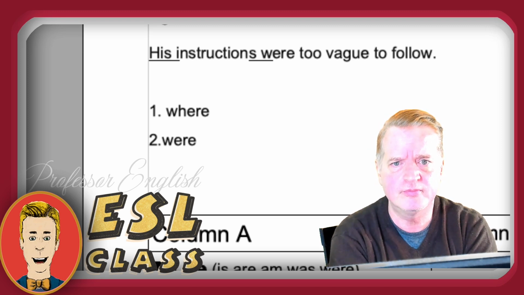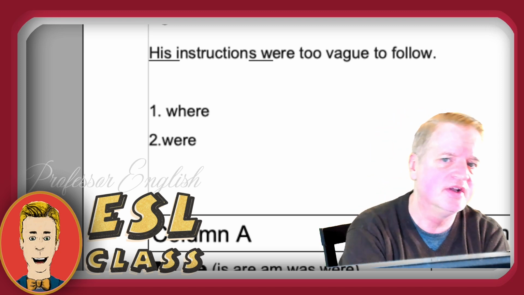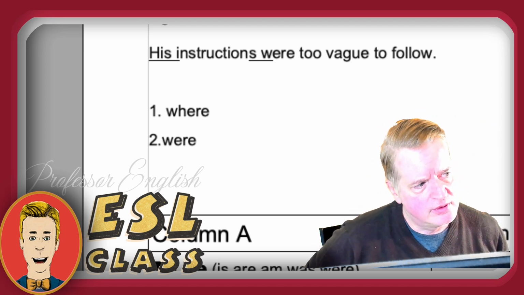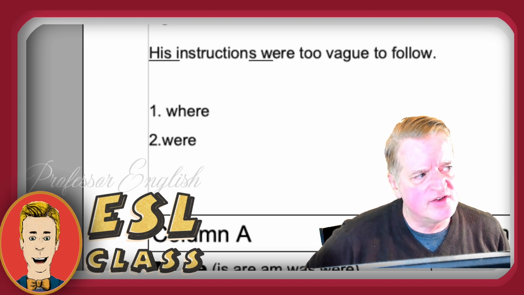Yes, clear. Pachu, can you make a yes/no question with His instructions were too vague? Okay, so were his instructions too vague to follow? What is the sound in the middle of were? What is that sound?